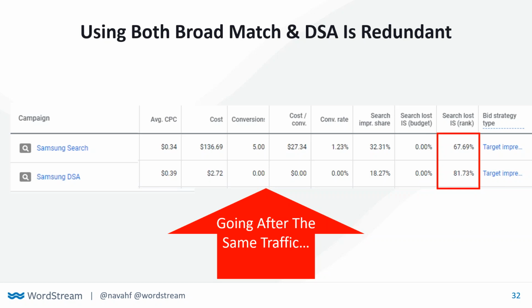And so what we can actually see here is that in this case where we have a DSA campaign and a broad match oriented campaign where it's a single word as broad match, they're actually both losing a substantial amount of impression share due to rank. They are competing with each other and limiting each other's efficiency. So again, if you're going to do DSA, you likely don't need broad. If you're going to do broad, depending on your industry, you may not need DSA, but it is, again, your choice.